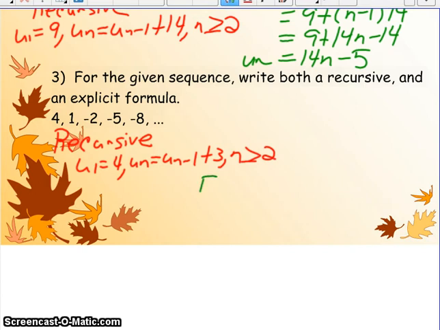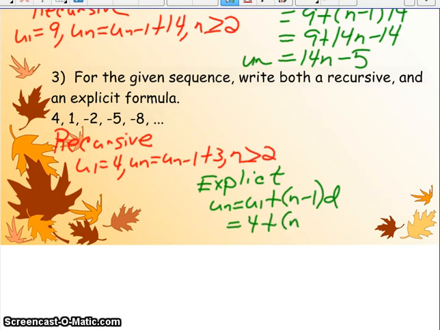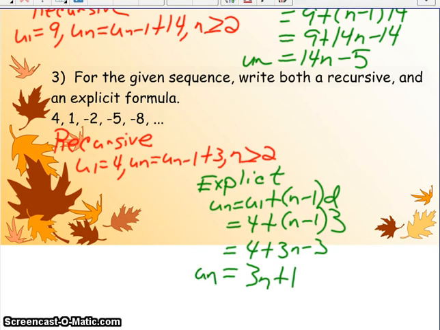And then explicit. U sub n is equal to u sub 1 plus n minus 1 times d. So that would be 4 plus n minus 1 times 3. The common difference is 3. I'm going to distribute the 3 and then combine like terms. Okay, that's it for that video.